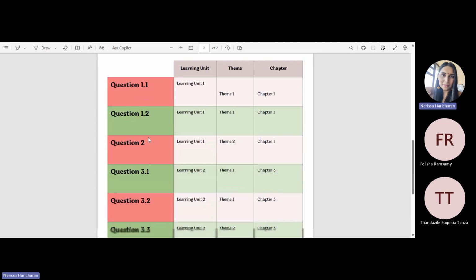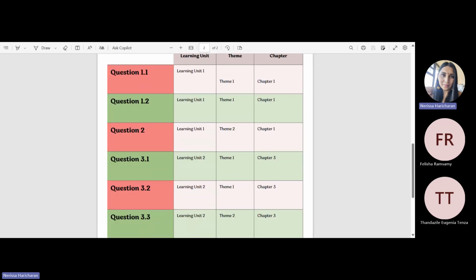Your case study is based on a company called Technova, a South African smartphone manufacturer. It tells you a whole host of things about Technova, who the people are, and what their action plan is. So it's a one-page case study.